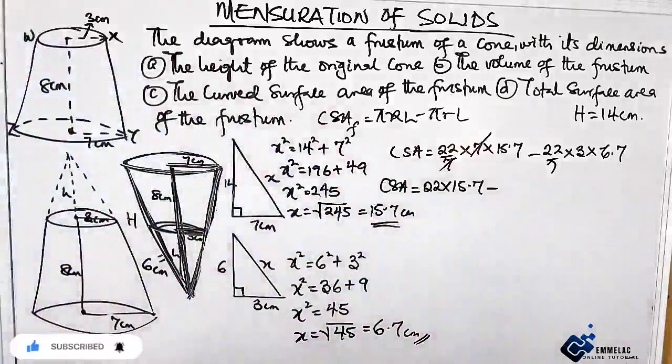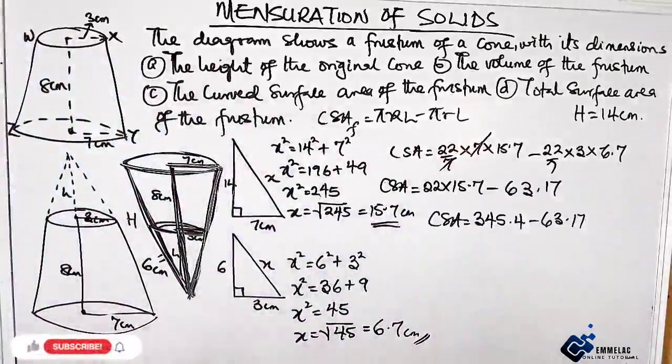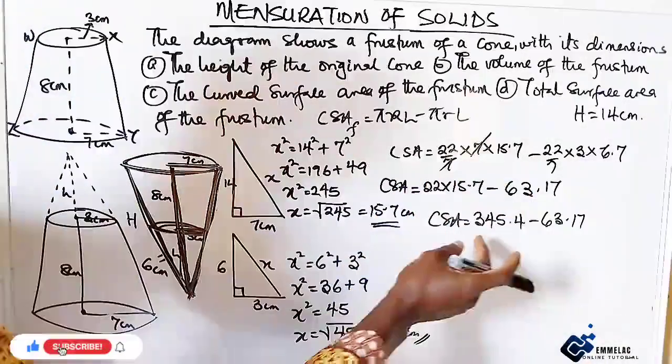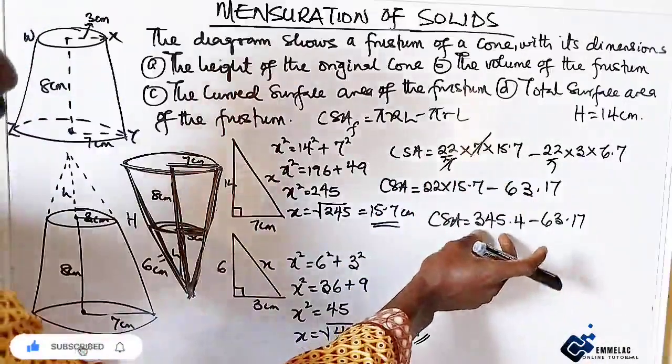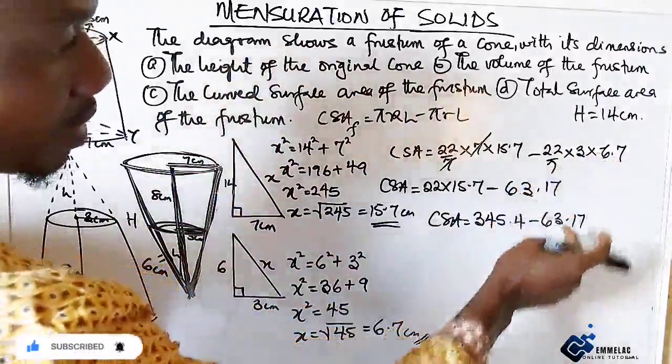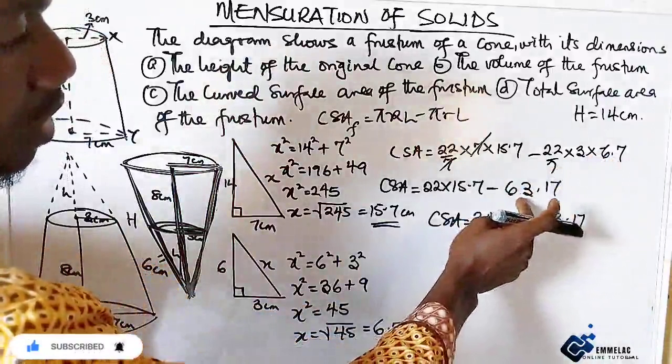So here we have it. When we multiply, we arrive at approximately 345.4, and when we multiply this divided by 7, we have 63.17.